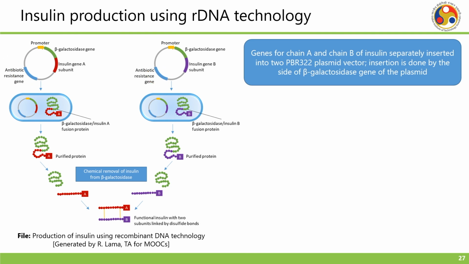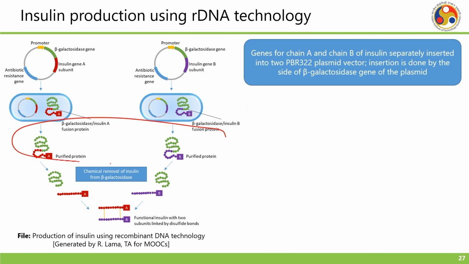Once the vector is internalized into a competent cell, the insulin A is produced as a fusion protein along with the beta galactosidase, which is also under the control of the same promoter. So, in one population we will get the fusion protein that contains the insulin A gene, and in the other we will get the insulin B fusion protein.